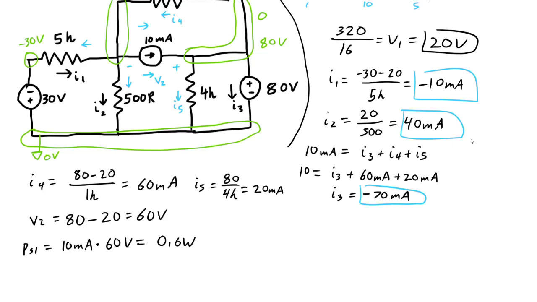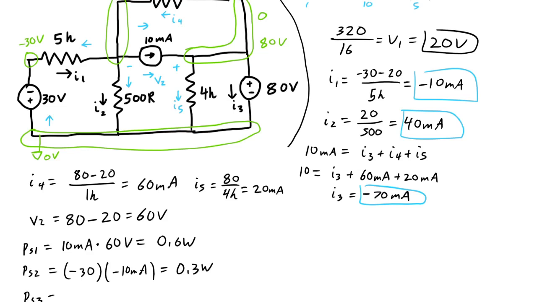And we're going to do the power supplied by the 30 volt source, so power supply 2. We have minus 30 volts, because we have our current I1 going that way. So minus 30 volts times I1, which is 10 milliamps. So that's 0.3 watts being supplied.